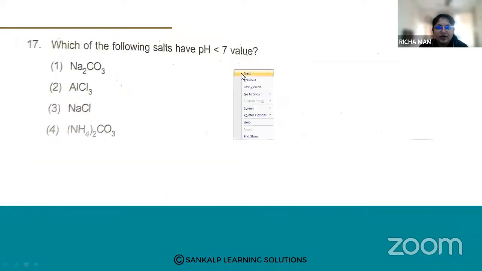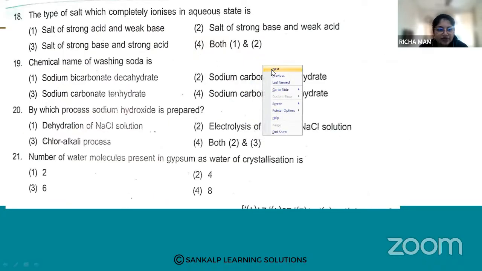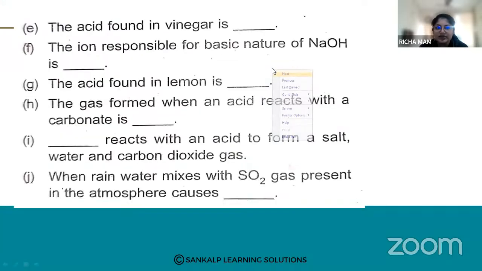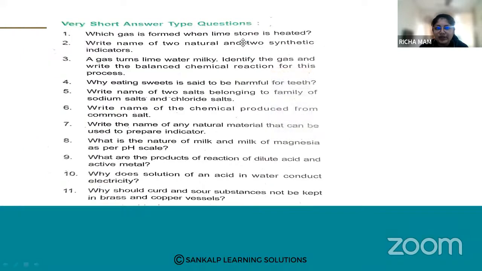We have discussed the fill in the blanks also. These are the very short answer type questions. Shall we start with these questions and answers?